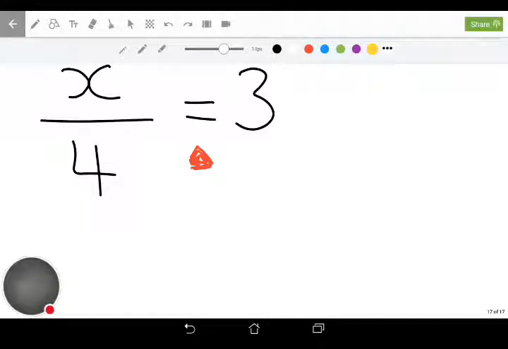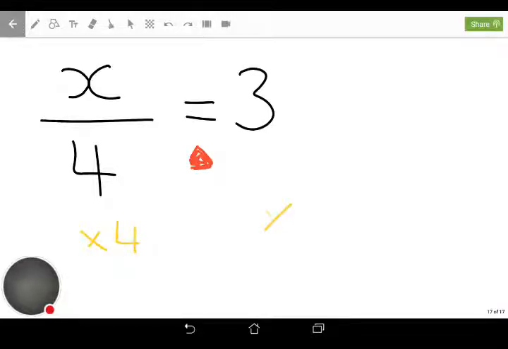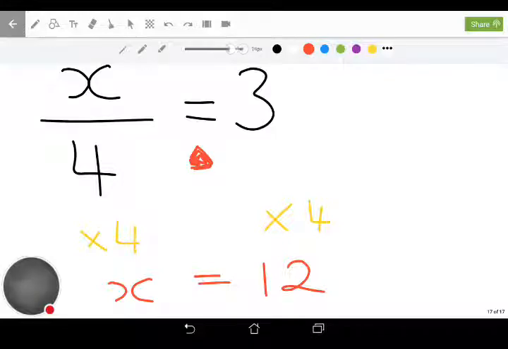Now the opposite of divide, or the inverse of that, is times. So what we need to do to both sides is multiply by 4. Okay, so x divided by 4, when you times by 4 you're left with x. Now 3 times 4 is 12, so we know that x is 12. Now let's put it back into the equation and see if we're right.